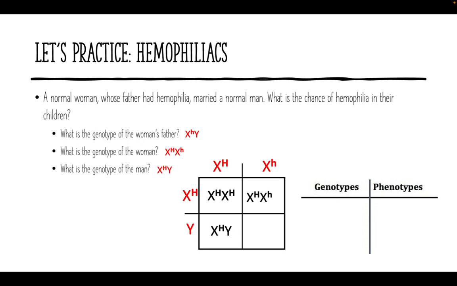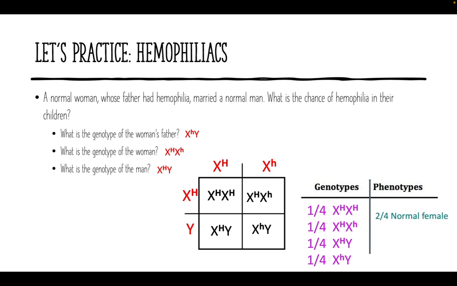Now, if we plug in the woman and the man's genotypes, we can fill out our Punnett square. These Punnett squares will all remain 4 squares, so they remain fairly simple. We write our genotypes in the boxes, and then we work on our phenotypes. If you wrote out the list of genotypes and their matching phenotypes from the previous slide, it'll be pretty easy. We will have 2 completely normal females, double X, and there's at least one capital H in there, which will be dominant.